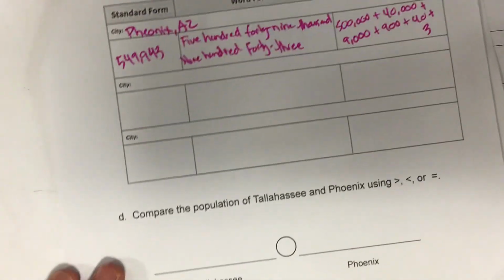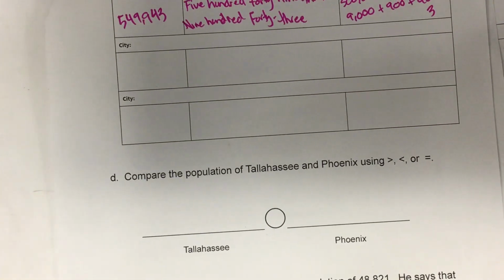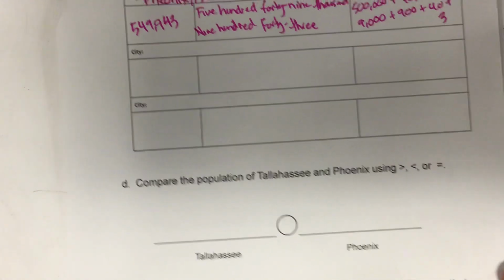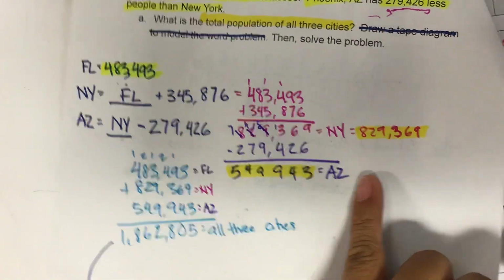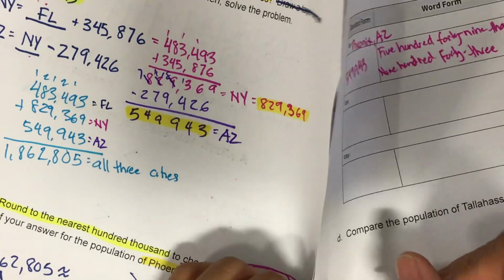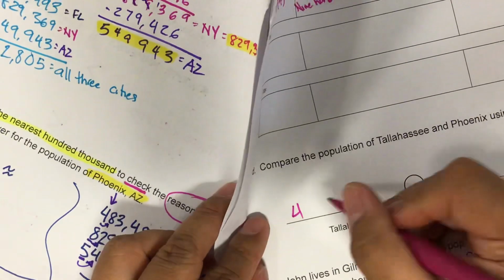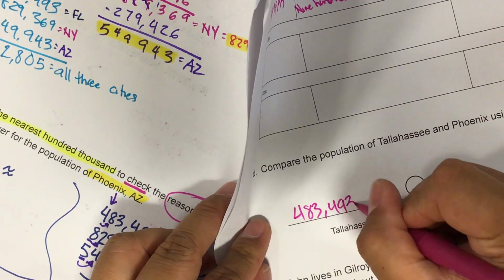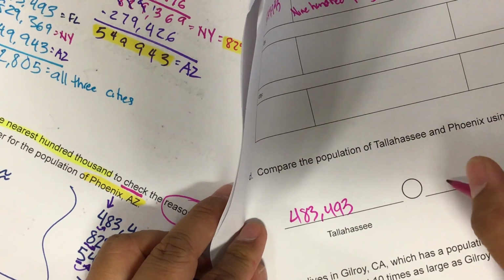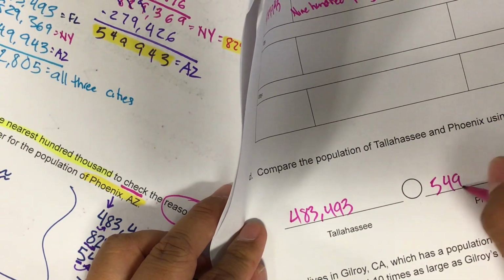For letter D, it says compare the population of Tallahassee and Phoenix. So all that data was right on the previous spot. Tallahassee has 483,493. Phoenix, we found, was 549,943.